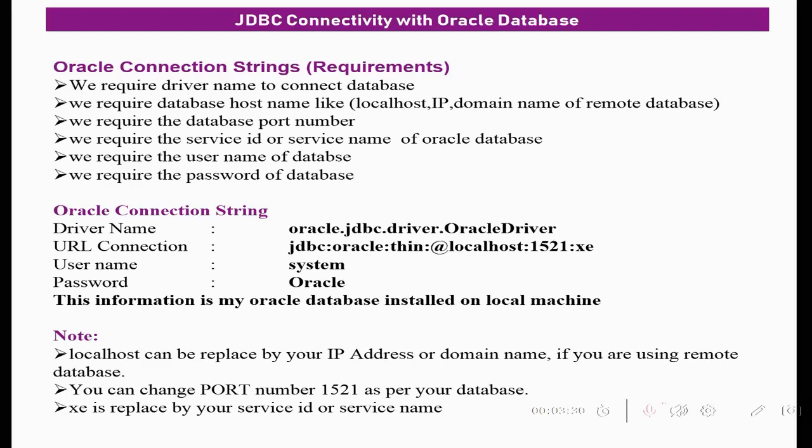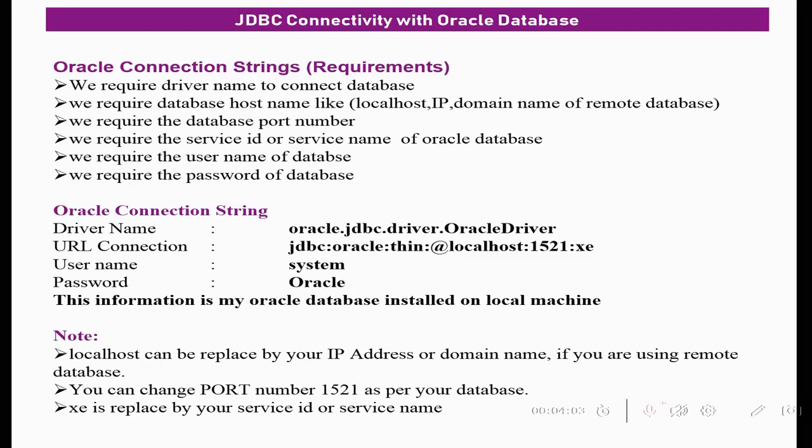Now the next is URL connection, jdbc:oracle:thin:@localhost:1521:xe. xe is your service name or service ID. 1521 is the port number of the database. Localhost is the domain name or host name. Here we can replace localhost by IP address or any domain name.